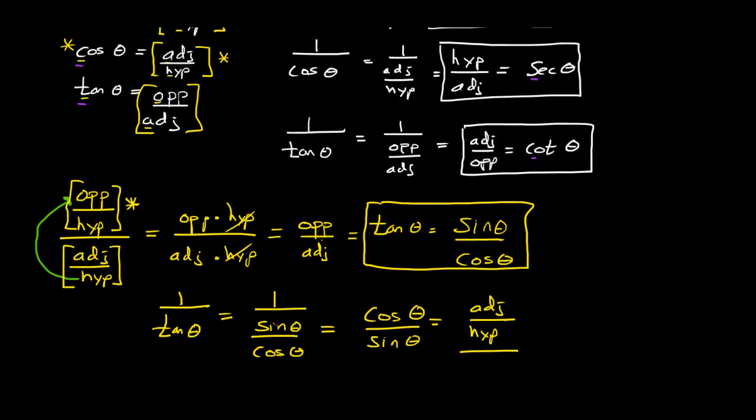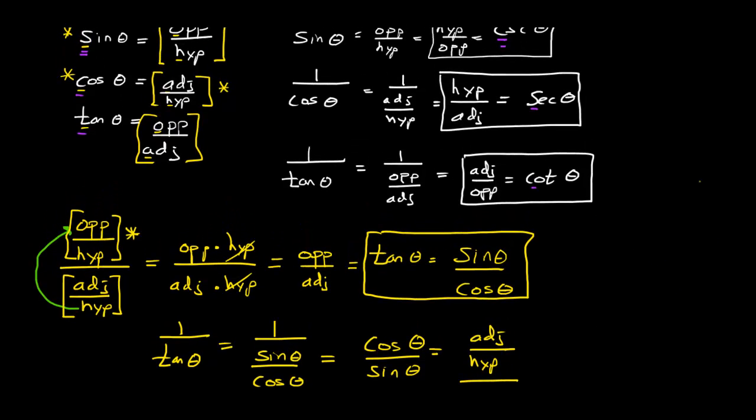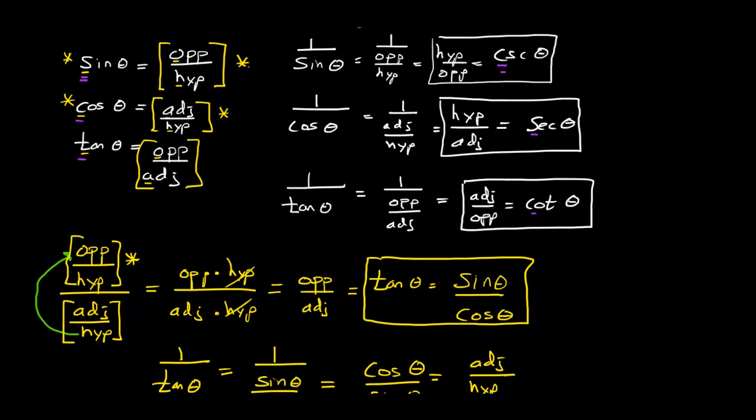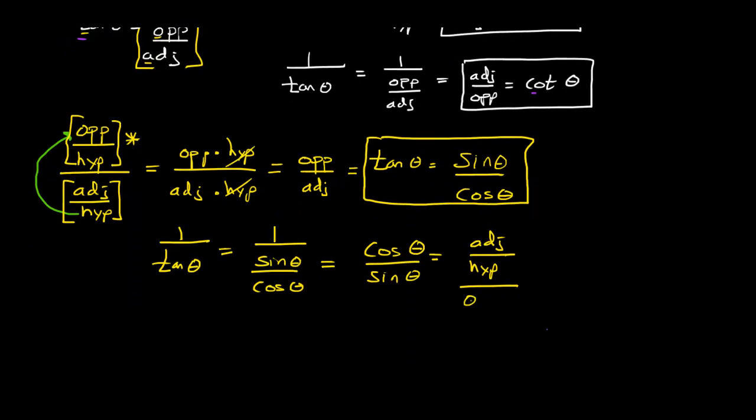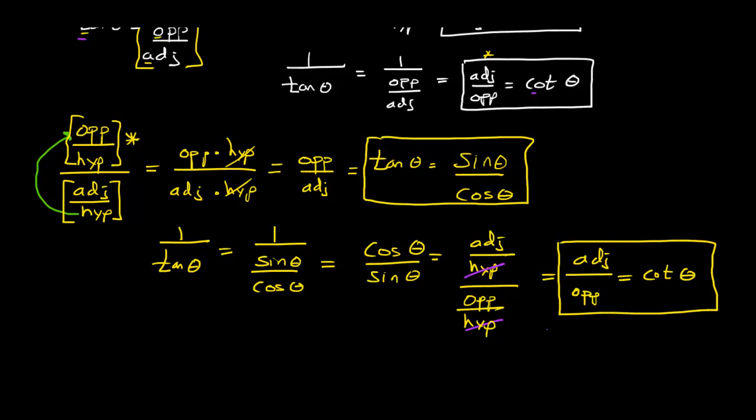And we're going to divide that by the sine of theta, which is the opposite over the hypotenuse. And hopefully we recognize that the hypotenuse will cancel. And we're going to be left with the adjacent over the opposite leg. And notice adjacent divided by the opposite is equal to the cotangent of theta. So this is another way that we can represent cotangent of theta. But remember, cotangent of theta is just equal to cosine divided by sine.